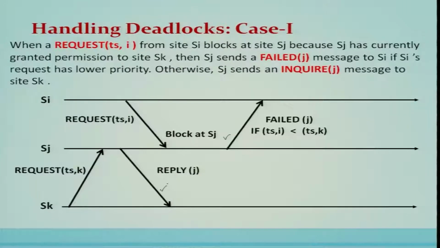Now, if the timestamp of this request is higher than the timestamp of request k, then basically this is a lower priority message, so it will generate a failed message in this particular case.